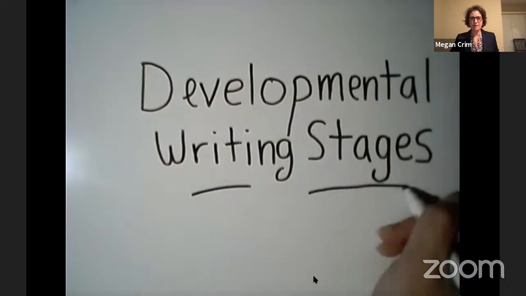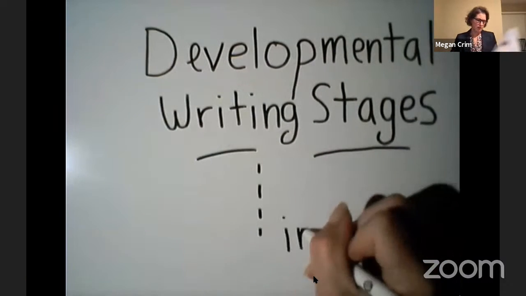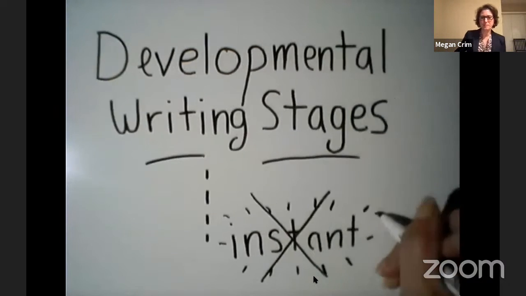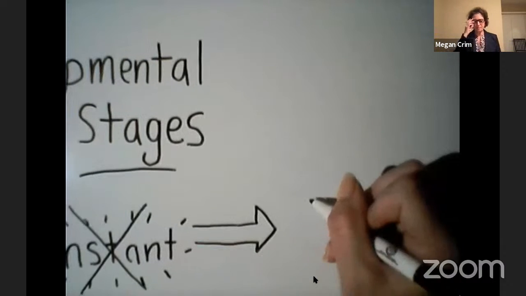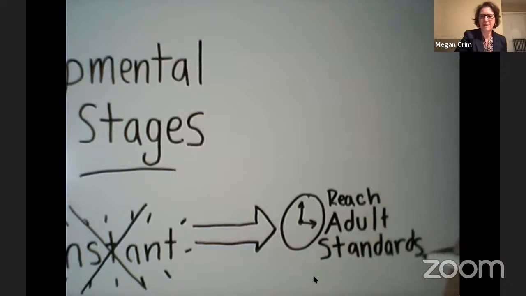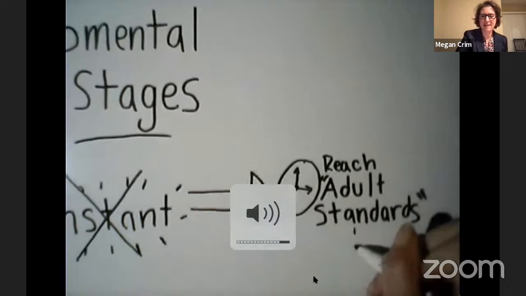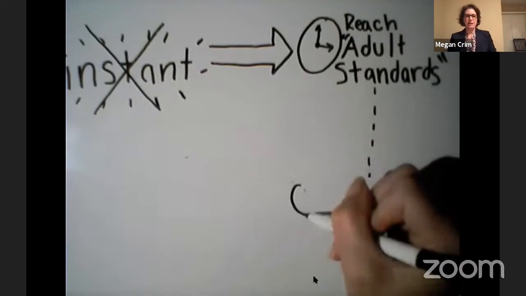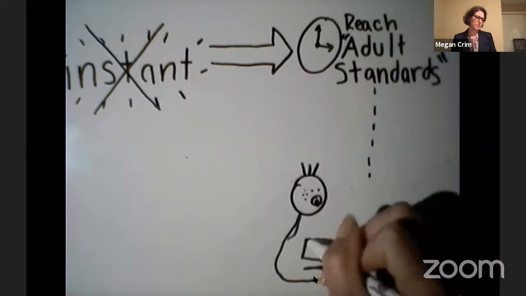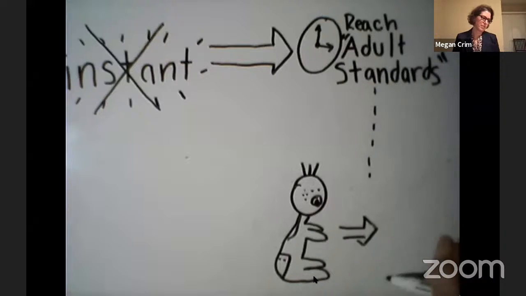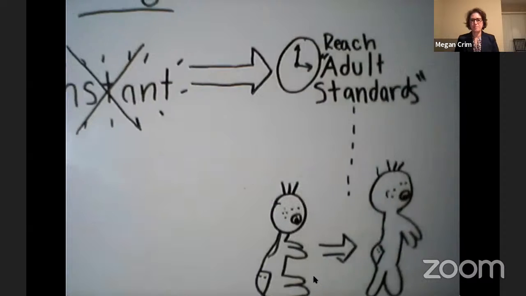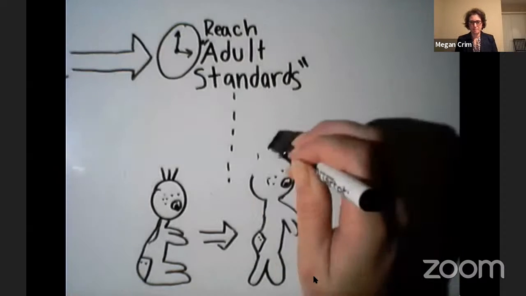Developmental writing stages. Many adults can forget that writing is not instant. It takes time to meet the adult standards of writing. Just as we don't expect a baby who can barely sit up to be able to walk, we should not expect a 4-year-old to have perfect spelling, grammar, or handwriting.